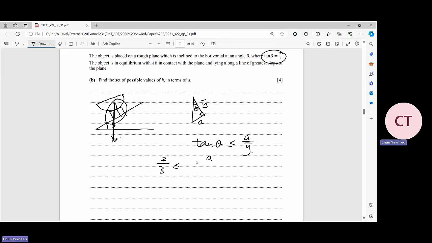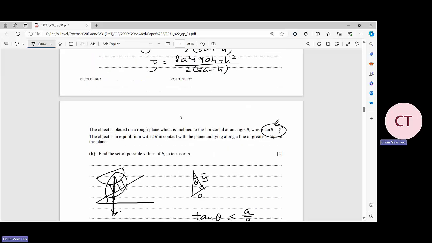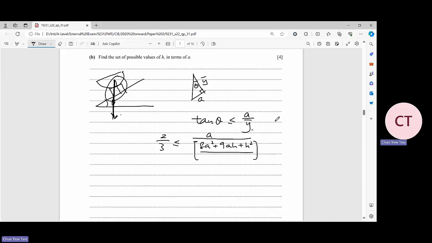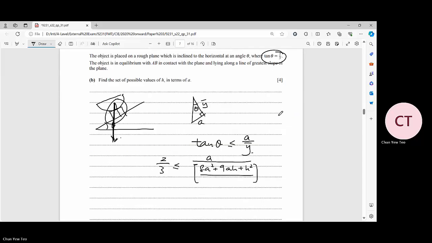And then our bar Y from part A, the answer is 8a squared plus 9ah plus h squared divided by 2 times 5a plus h.